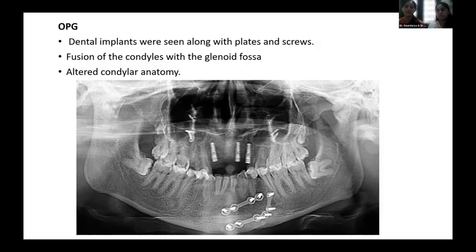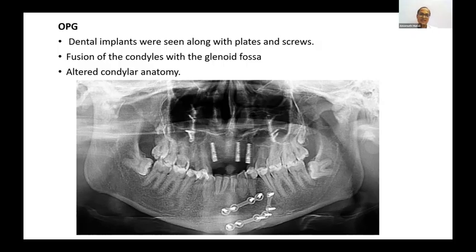There are a few papers in the literature which state that at least one should be addressed. But nowadays the ideology has changed, and they advise going in for open reduction internal fixation for almost all condylar head fractures as well, if the segments are reducible, that is, not a very comminuted fracture. If small portions are there, those can be removed. But with a lag screw, we can fix the head.